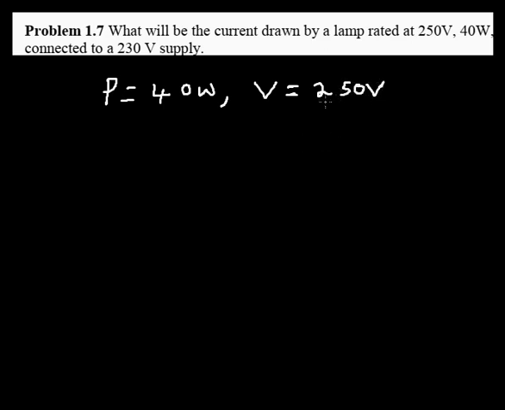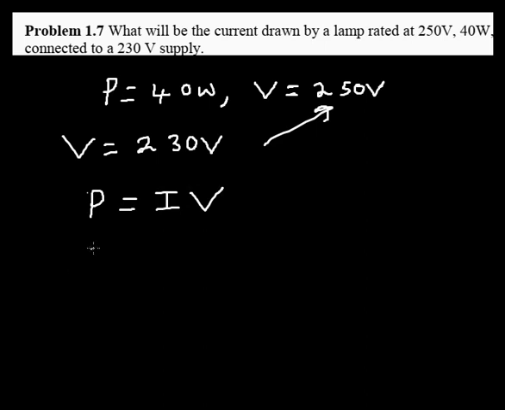But it happened that it wasn't this 250 volt that was supplied to it. Rather, the voltage that was supplied to it is 230 volts. So for me to get the current it will draw, of course, the formula power is equal to current times voltage. So the current is going to be equal to the power divided by the actual voltage it took.